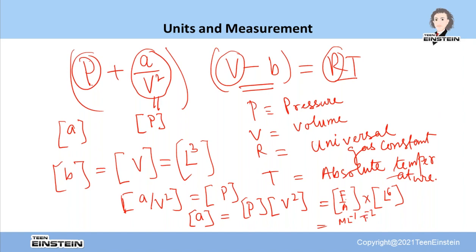Now you multiply this with L to the power 6, and if you simplify, what you get is m to the power 1, L to the power 5, and t to the power minus 2. This will be the dimension of A. So this is how you have to use your dimension analysis to find out dimensions of various quantities when they are given in an equation.